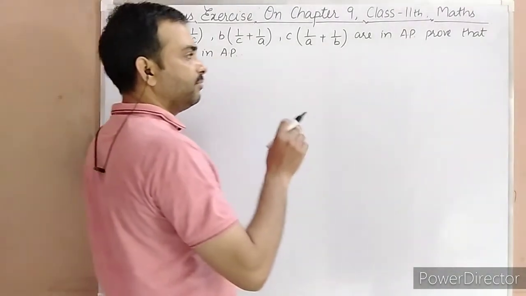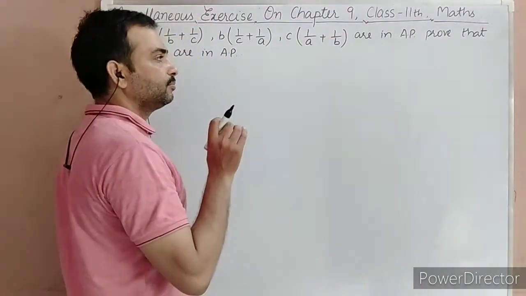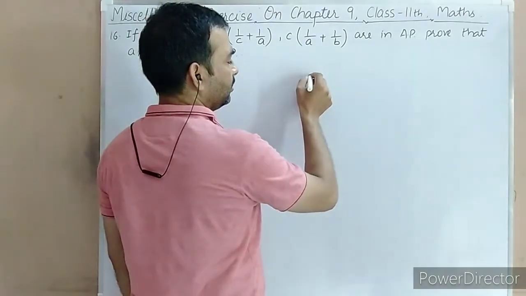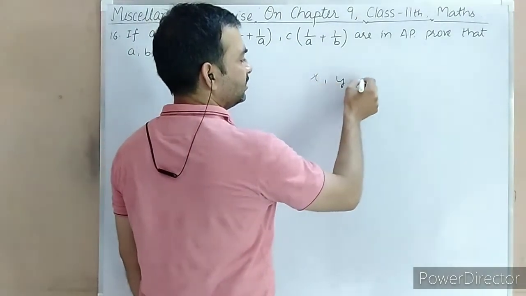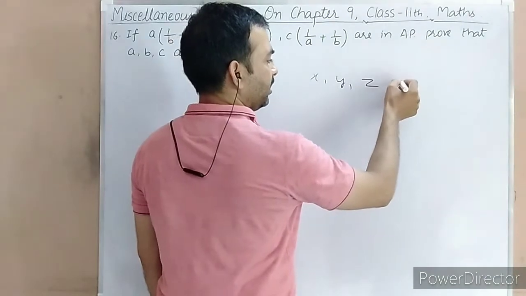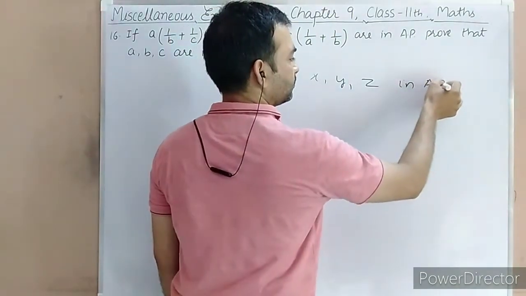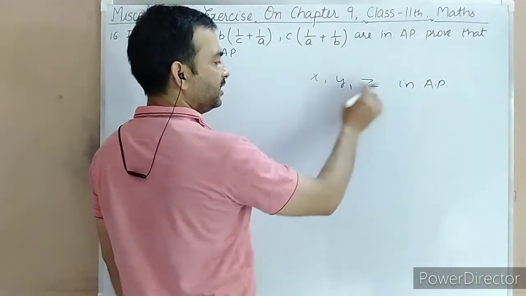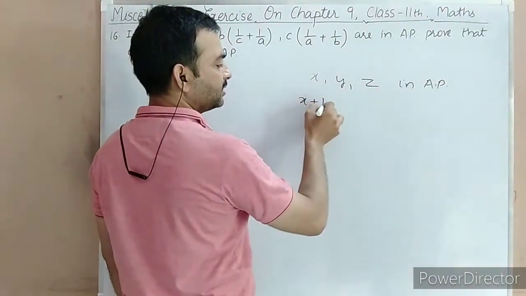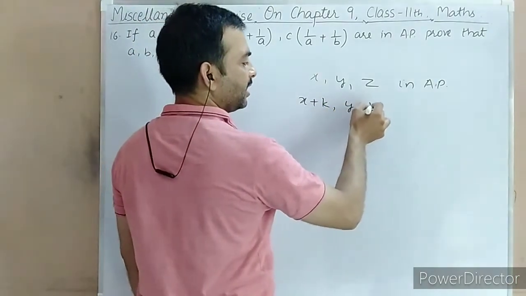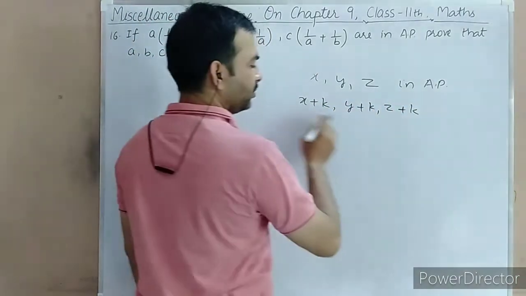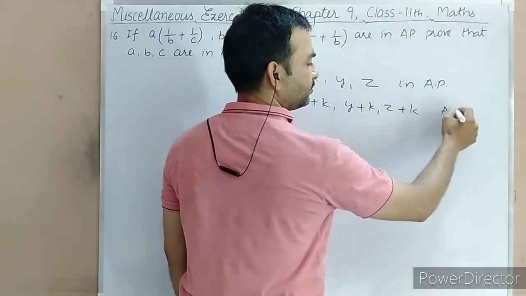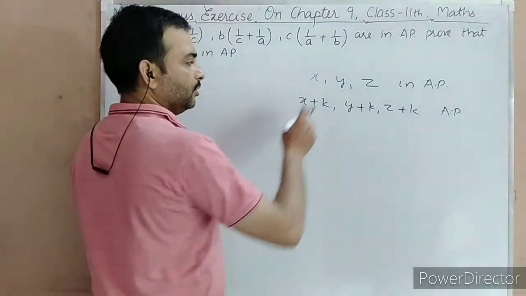So we have to learn something first. If we have x, y, z in AP, then I can add any fixed constant to these three terms, like x plus k, y plus k, z plus k. These three terms again form an AP.